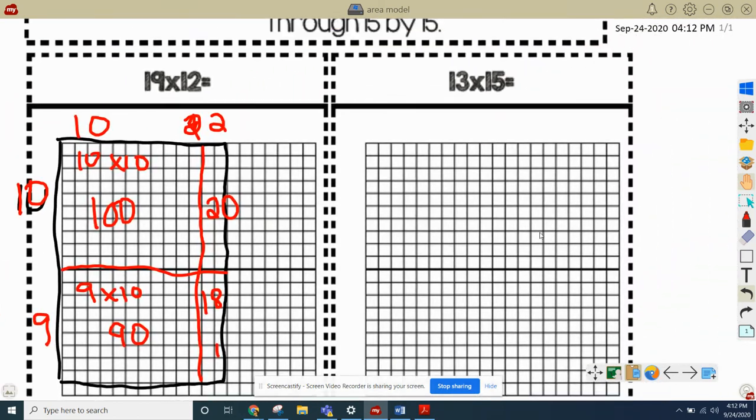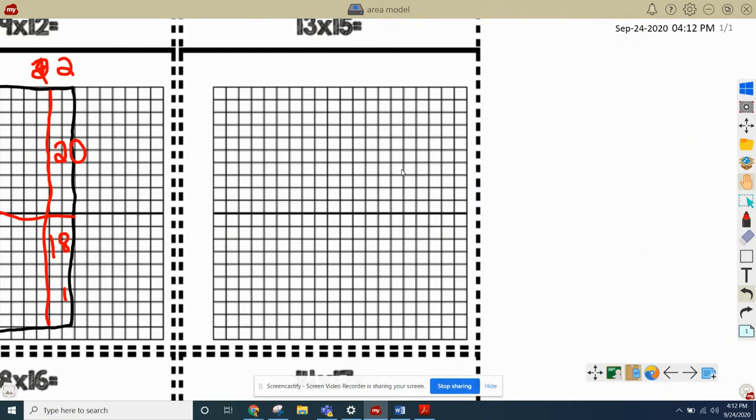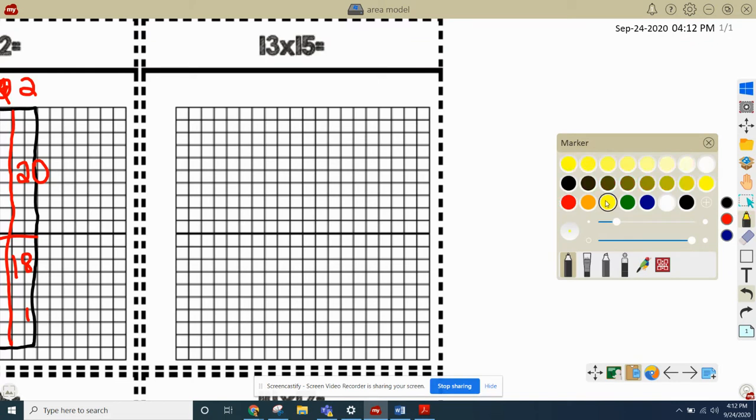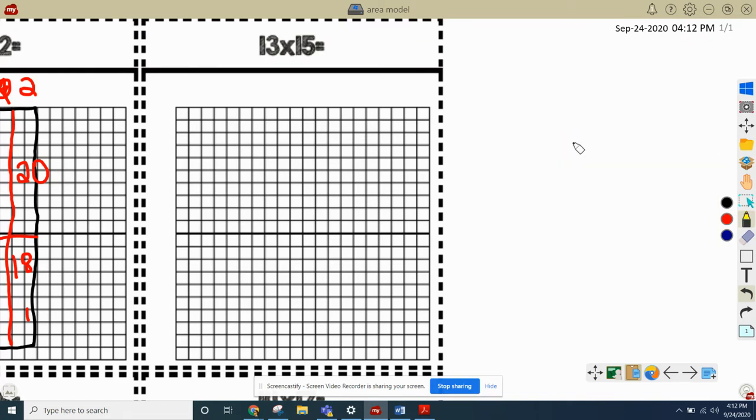Let's go do 13 times 15. So again, we're going to draw 13 times 15 on this model here.